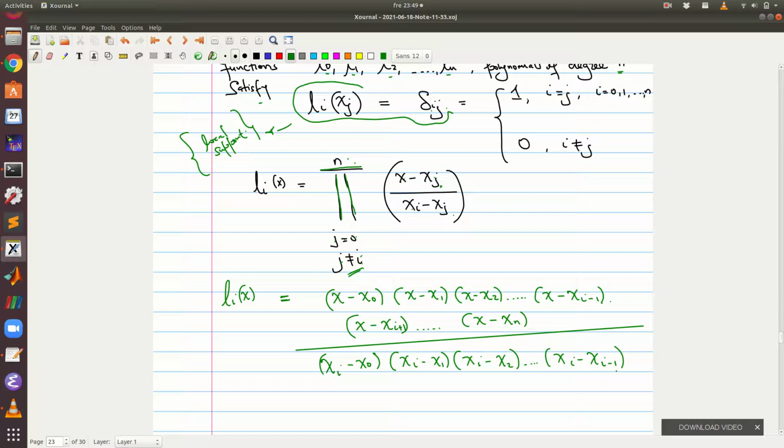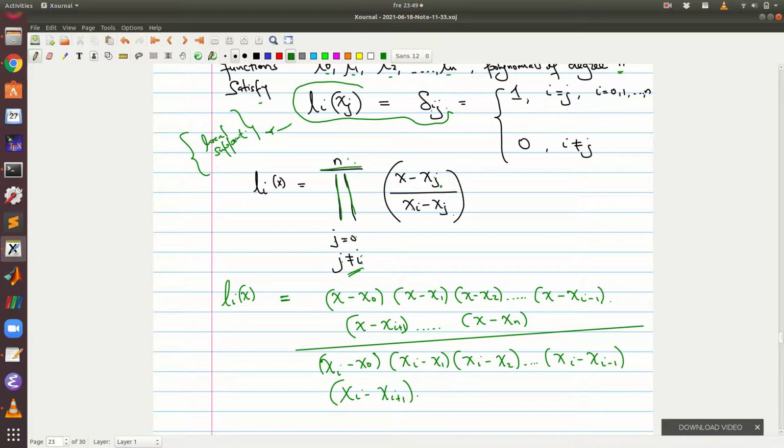Of course we skip the point j equals i, because there I would have xi minus xi, which would make the denominator run to 0. But j will skip that value and take on the next value, x(i plus 1).